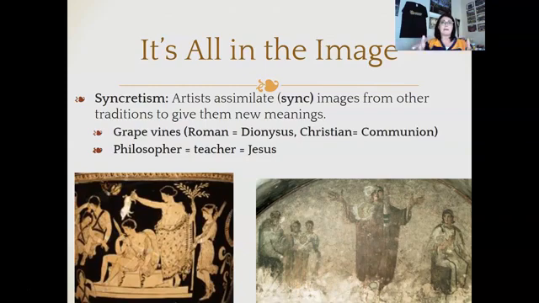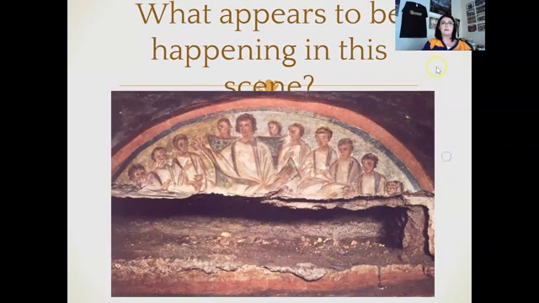So for example, grapevines. Greece and Rome had lots of grapevines. Dionysus or Bacchus was their god of wine. So if the Christians put grapevines in there, that could be used as wine, but at the same time, it could represent communion to the Christians. So they're basically, again, hiding right out in plain sight by using the same images that the Romans and the Greeks were so used to.